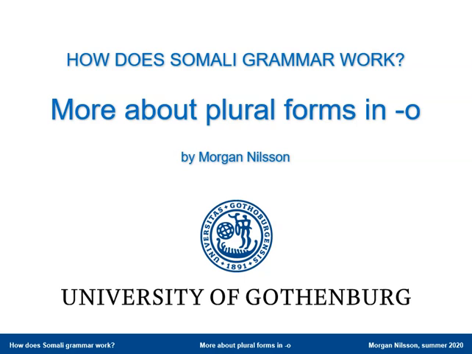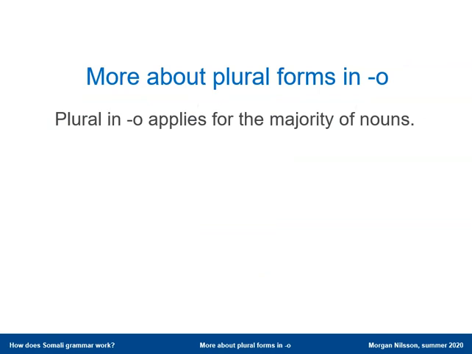This video is devoted to the plural formation of Somali nouns with the ending o. And this suffix, this ending o, is the most common of the different plural endings for the formation of plural forms of nouns in Somali.